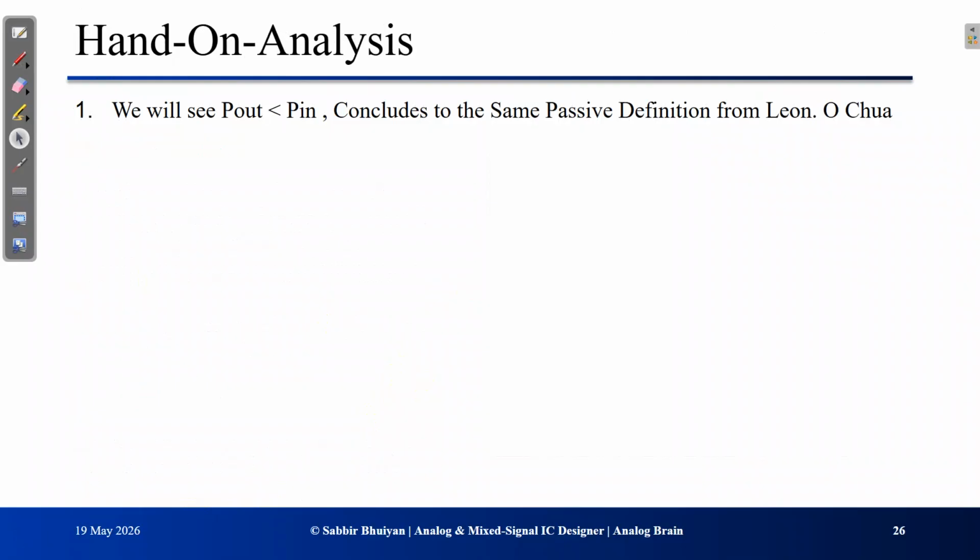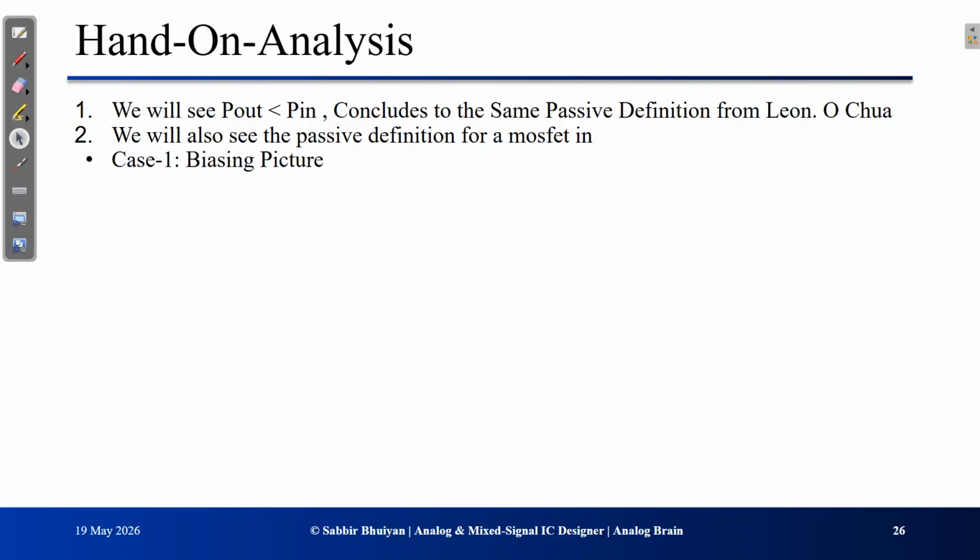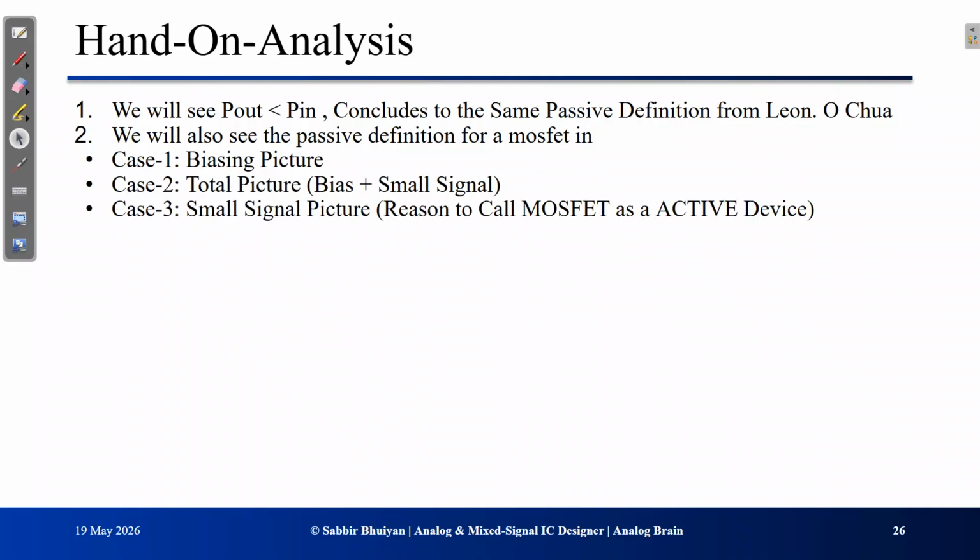Hands-on analysis. Number one, we will see that P out less than P in leads to the same passive definition from Chua. Number two, we will also see the passive definition for the MOSFET in case 1, the biasing picture; case 2, the total picture, bias plus small signal, meaning the quiescent point and your incremental signal; and case 3, the small signal picture. In case 3, you will realize why we call the MOSFET an active device.